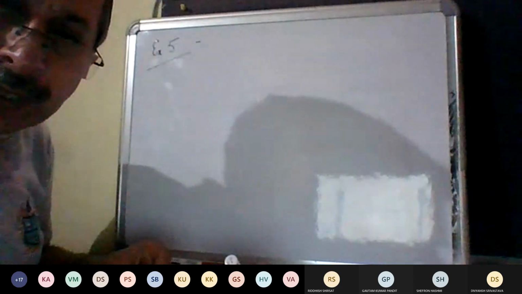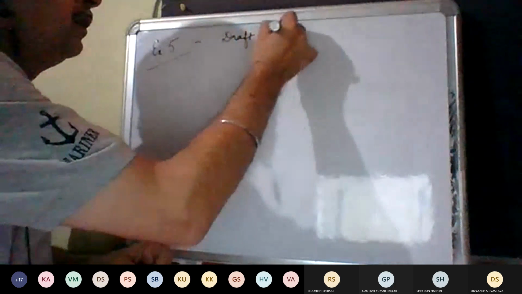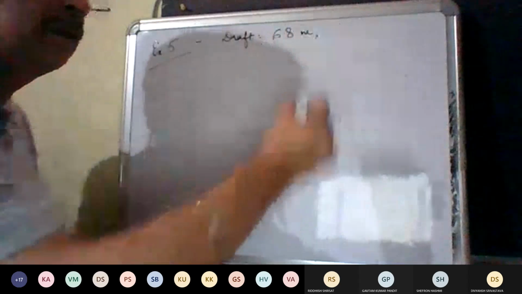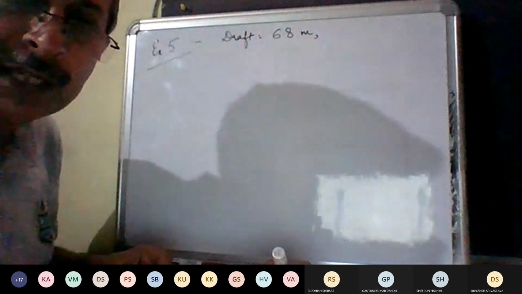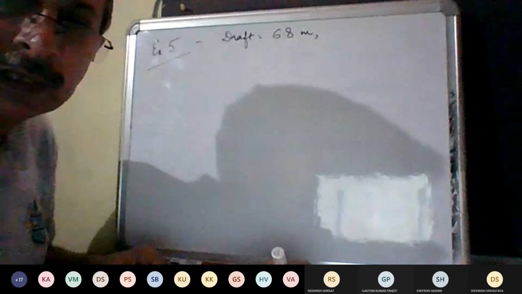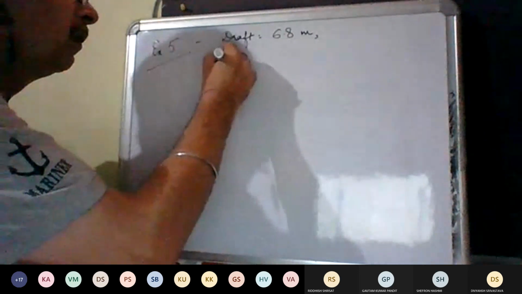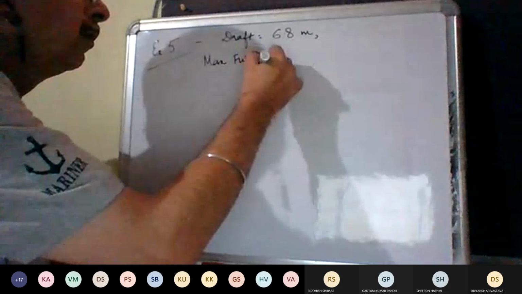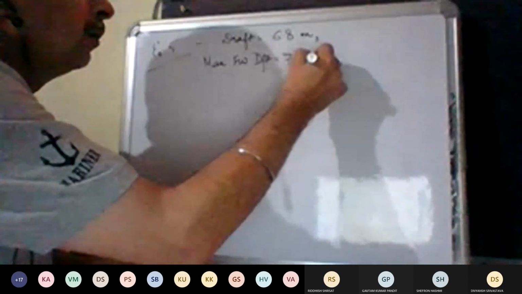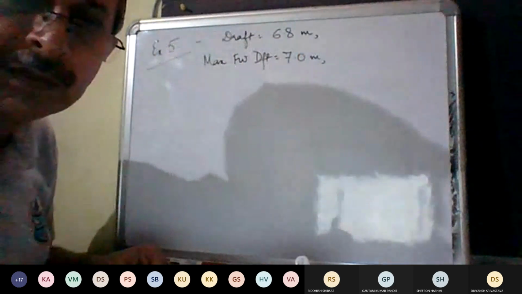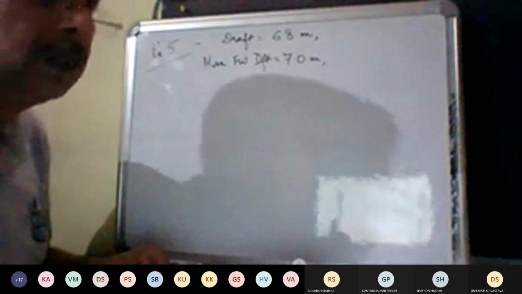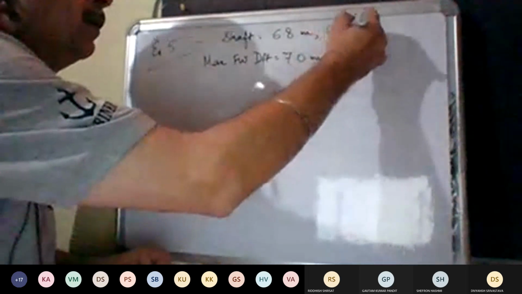And let's come to example 5. A ship is floating in fresh water at a draft of 6.8 meters. If the maximum freshwater draft is 7 meters, she's floating in fresh water, please remember that.